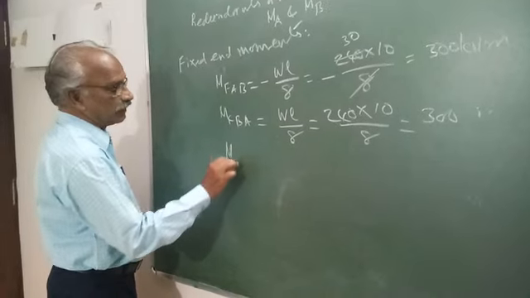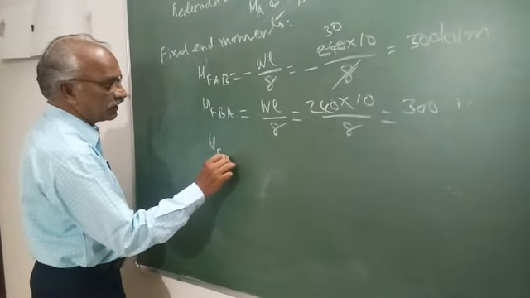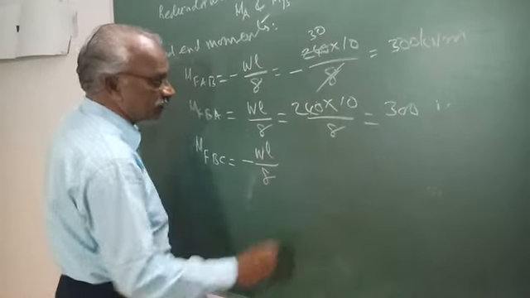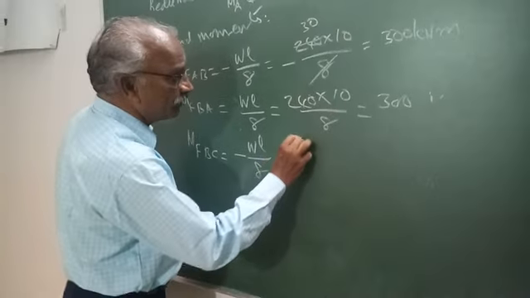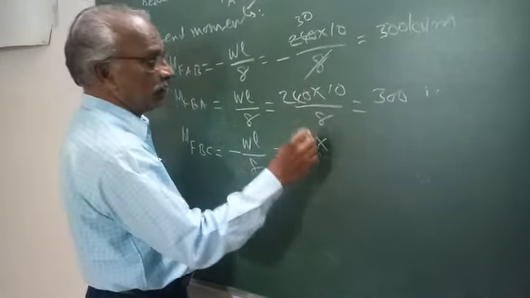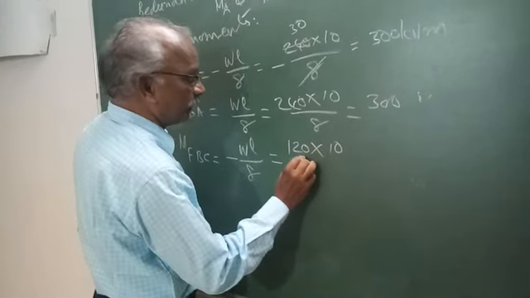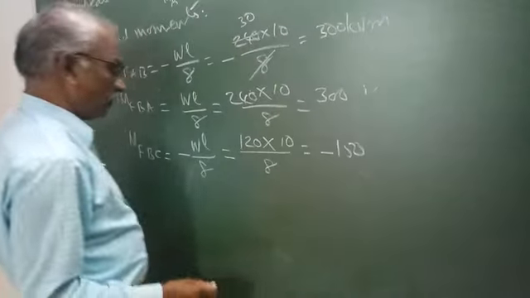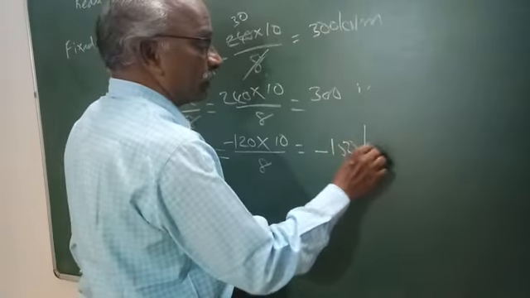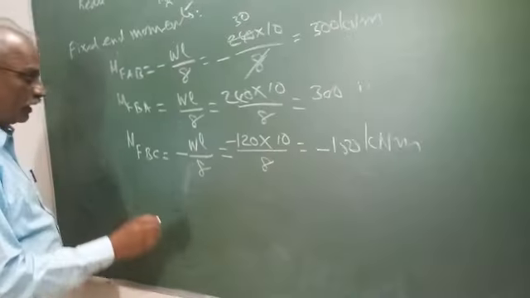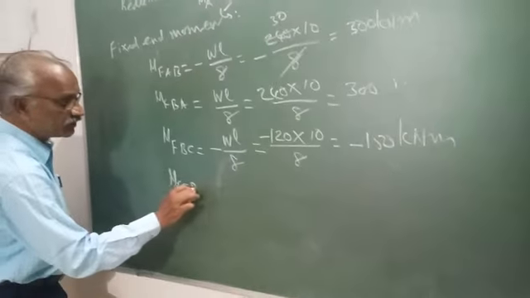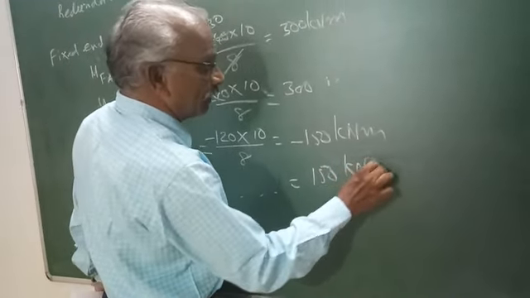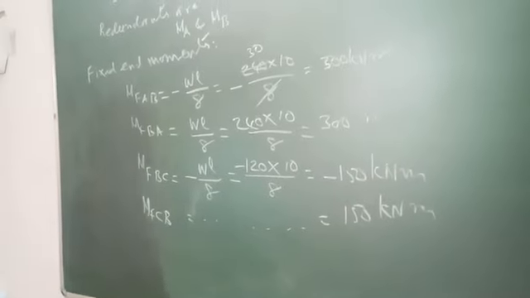M of BC, treating BC as a fixed beam, M of BC equal to again minus WL by 8 because that is also subjected to central concentrated load. Therefore, this is 120 into 10 by 8. This is equal to minus 150 kilonewton meter, and M of CB equal to plus WL by 8 is equal to 150 kilonewton meter. These are the fixed end moments.